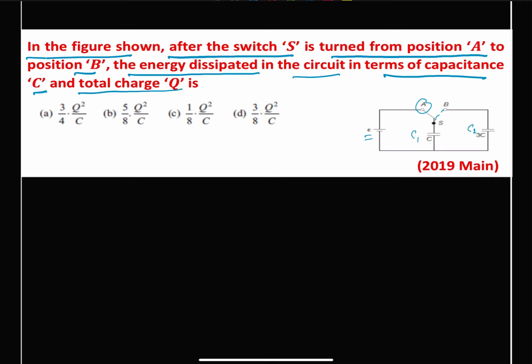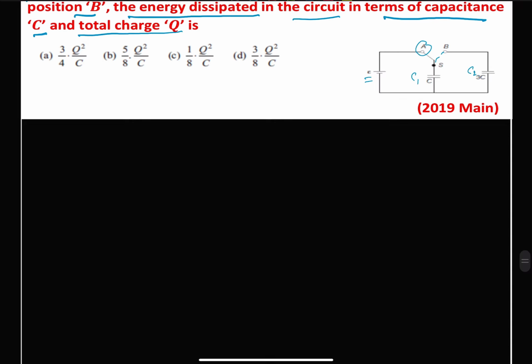So we are going to find the initial energy as well as the final energy. Let's find the initial energy when the switch is at A. For that, we can just draw an approximate figure.